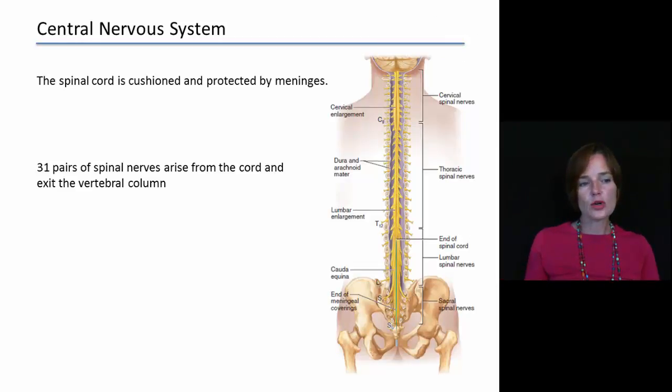The spinal cord is going to be cushioned and protected, very important because it is very sensitive, fragile tissue. It is protected by meninges. When we're looking at the spinal cord, there are basically 31 pairs of spinal nerves, and so these spinal nerves are arising from the cord, and then they're going to exit the vertebral column.